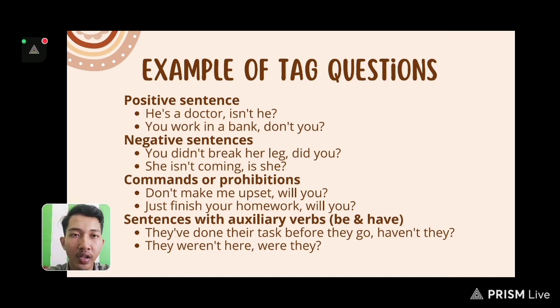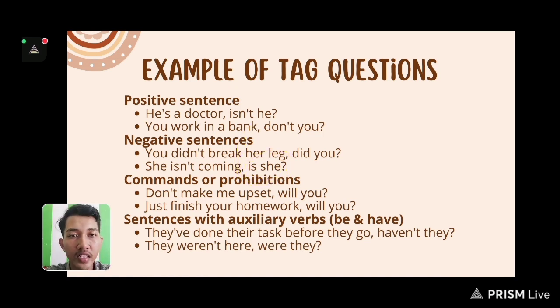This is affirmative, and this is a negative tag question. Next, negative sentences. The first is negative, and the question tag is affirmative. You didn't break her leg, did you? And the next, she isn't coming, is she? This is negative, and the question tag is positive.